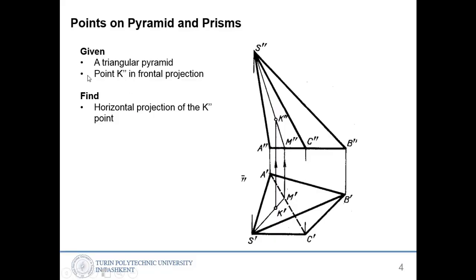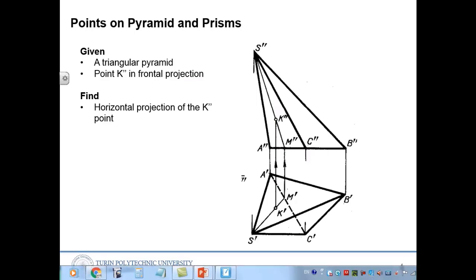Okay, so triangular pyramid is given, point K is given, so you have to find the horizontal projection. So point K is given here. K1 dash is given, and how to find K2 dashes.